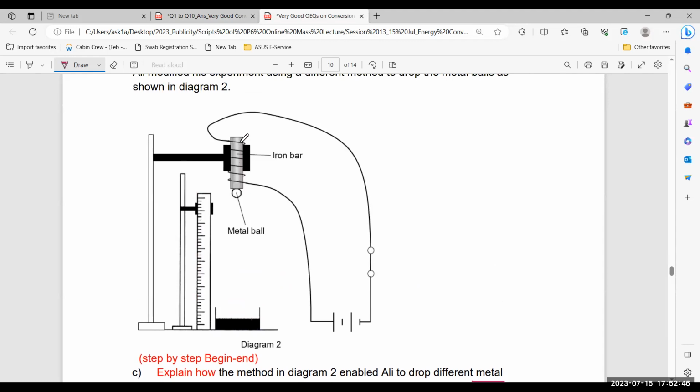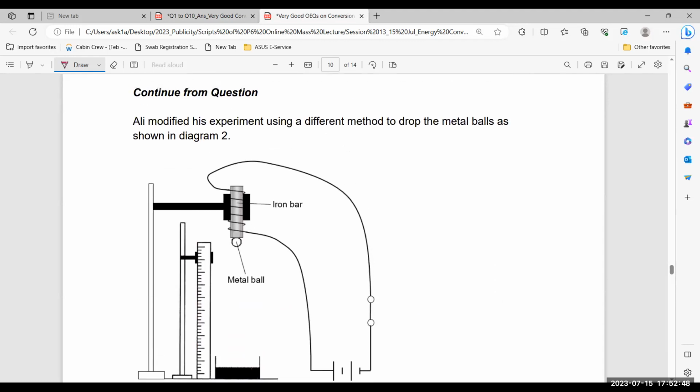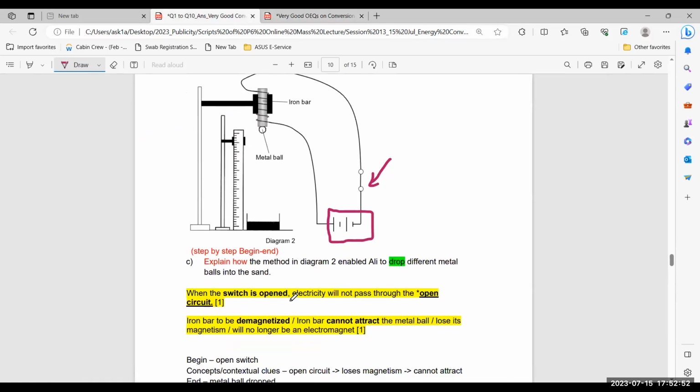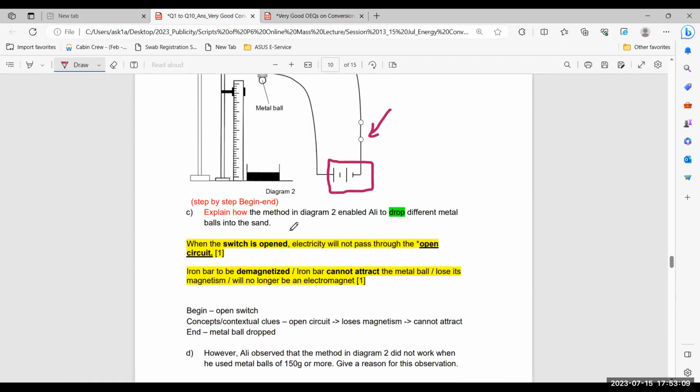You see the magnet is attracting it. So you say that when the switch is open, electricity will not pass through the open circuit. The iron bar will be demagnetized, or you can say the iron bar cannot attract the metal ball and loses its magnetism, so the ball will drop down.